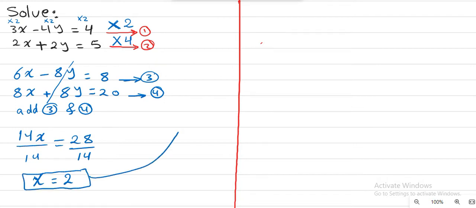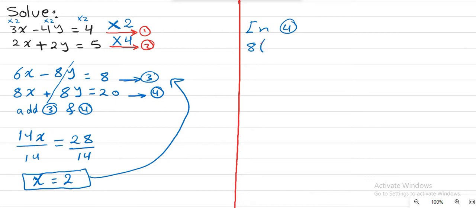We take this value in any equation 1, 2, 3 or 4 to get the value of y. Choose any one. I choose equation 4 as example.